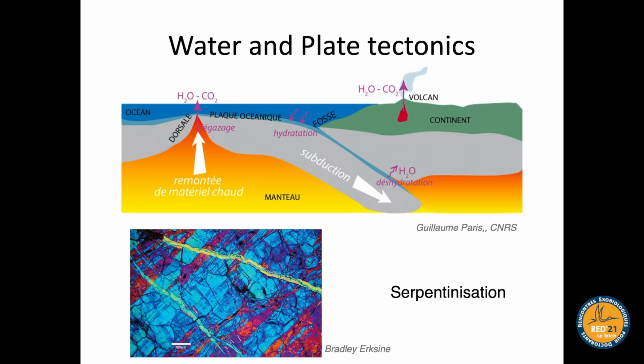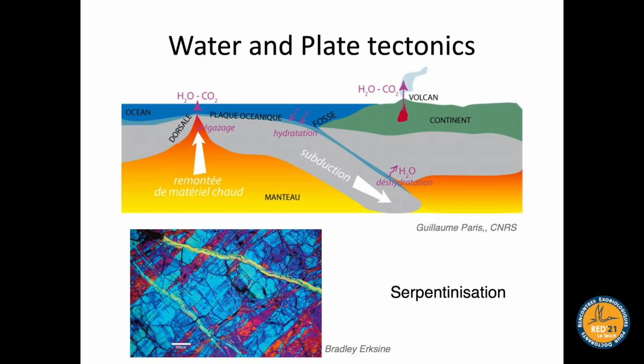for plate tectonics. And this is a little schematic from Guillaume Paris, sorry, it's in French, but you can see that you need to have some ocean to alter the basalt and to alter all of the magmatic rocks to do some serpentinization. You have this nice thin section picture of the serpentinization.